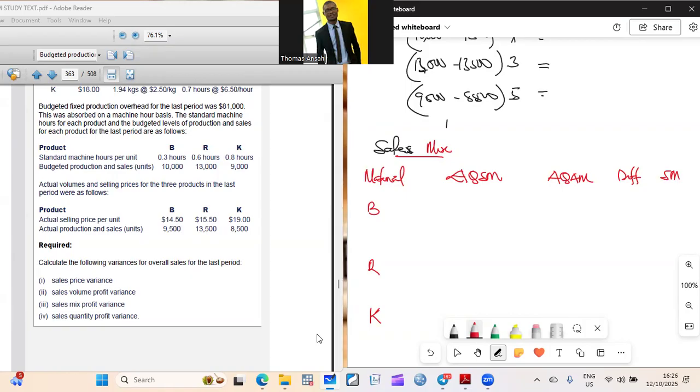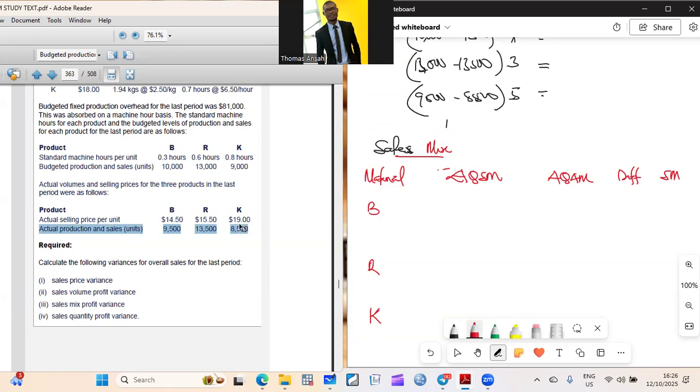So what is AQ? And don't forget, we were discussing TAQ, total. So what is AQ? Actual quantity. These are the actual quantities.